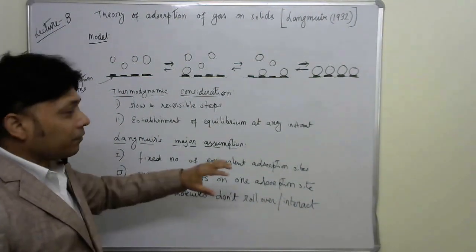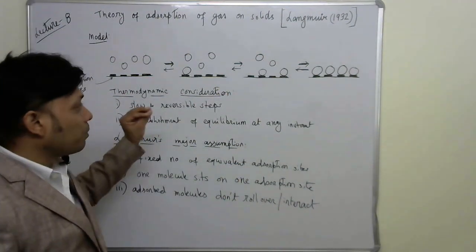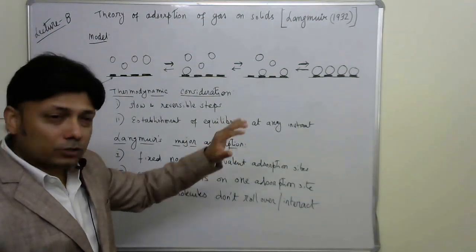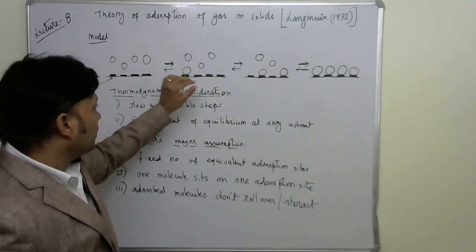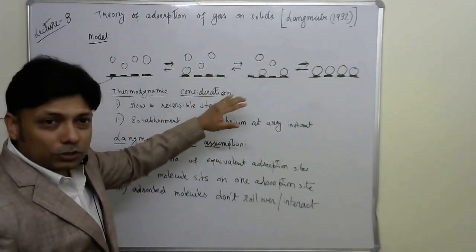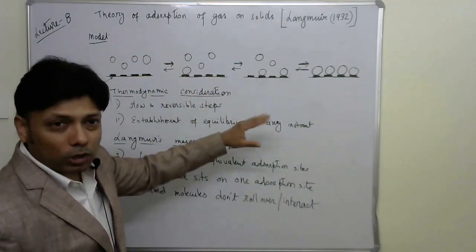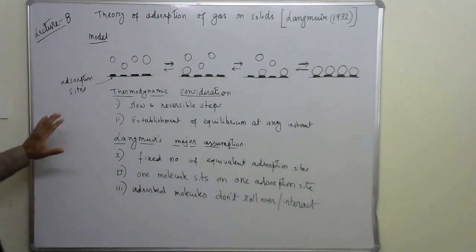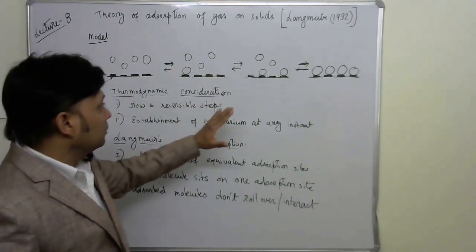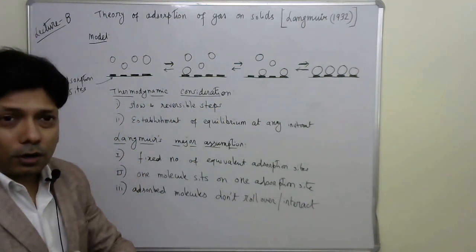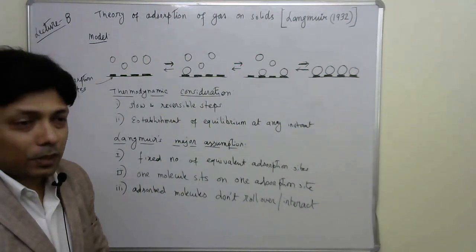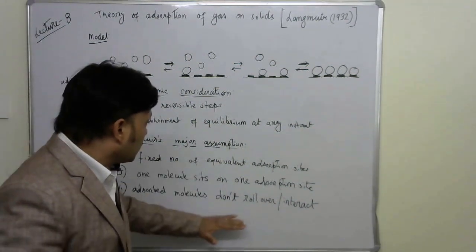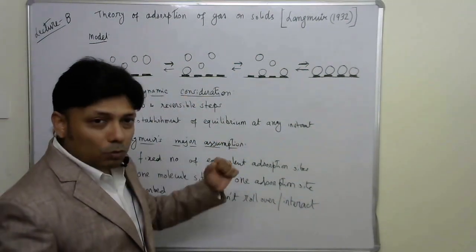According to Langmuir, a solid surface has a specific and fixed number of adsorption sites exactly where the gas molecule would sit. That means the adsorption of the gas molecule would take place there. In this model, Langmuir made a few assumptions, and we would come across those assumptions one by one.